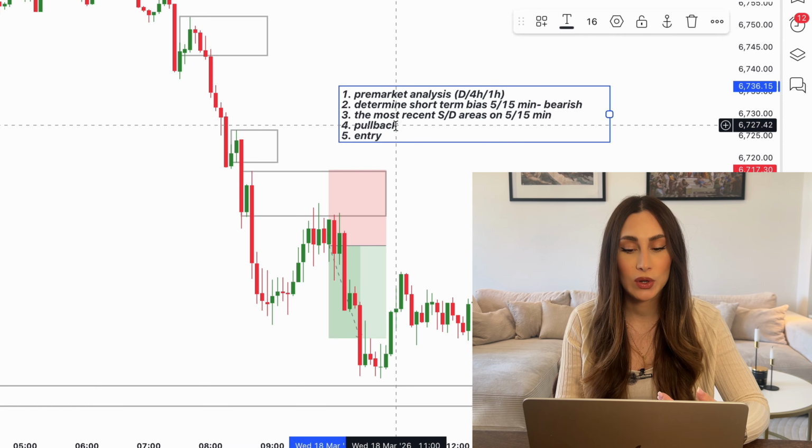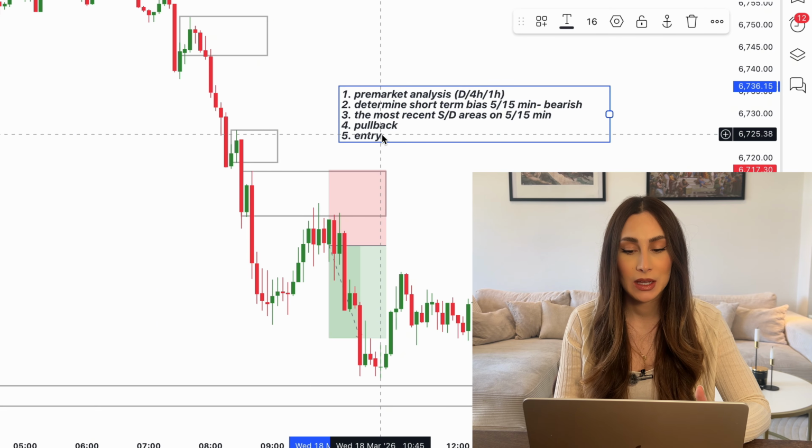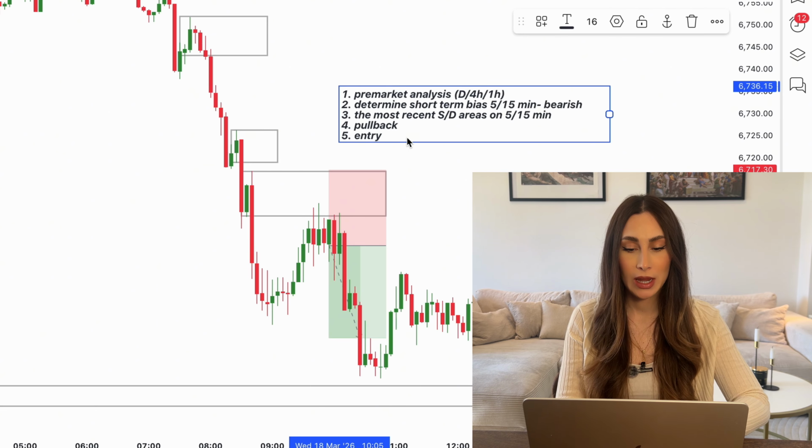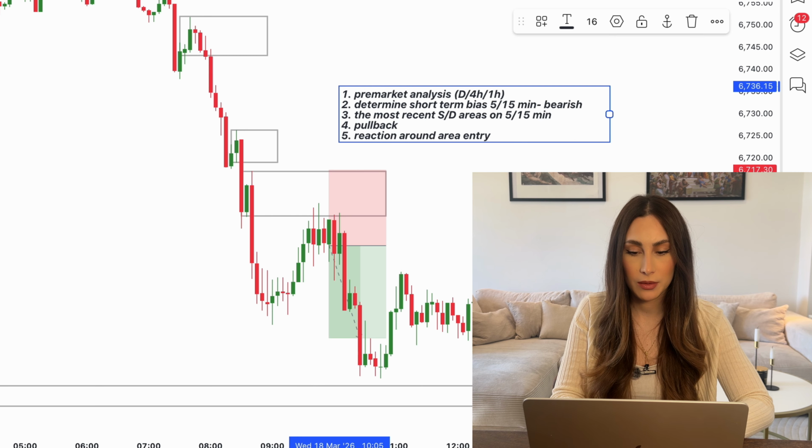So this is the fourth step, pullback. And then the fifth step is you wait for that reaction. Let me write that as well. Reaction around area.